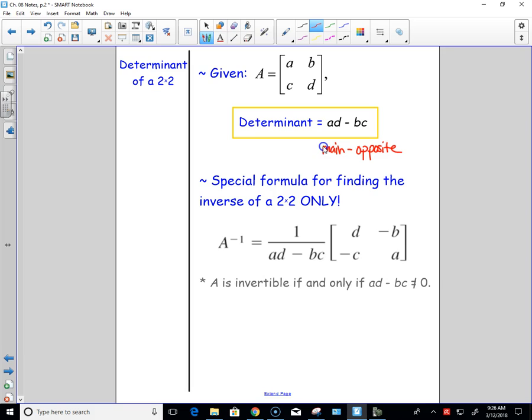Now there is this little term down below that you guys are going to write called invertible, and we're going to define that term on the next page. AKA, this is only going to work if AD minus BC is not 0, because we can't divide by 0. But the nice thing is if the determinant is 0, it's an impossible problem anyway.